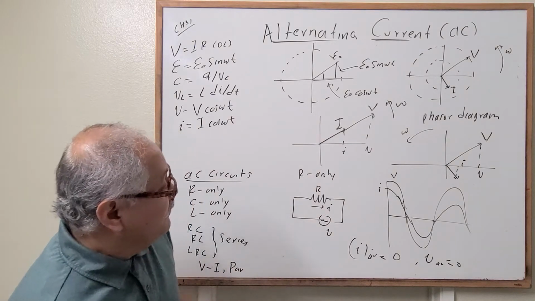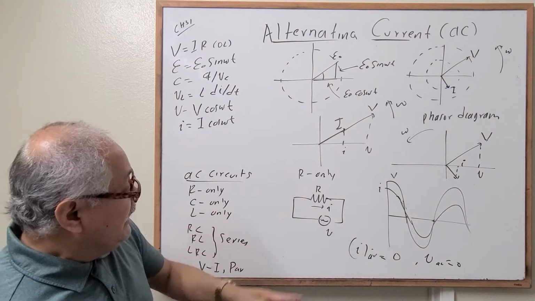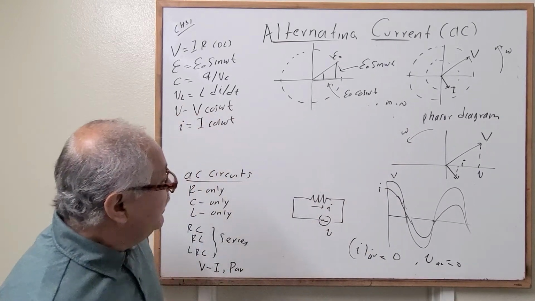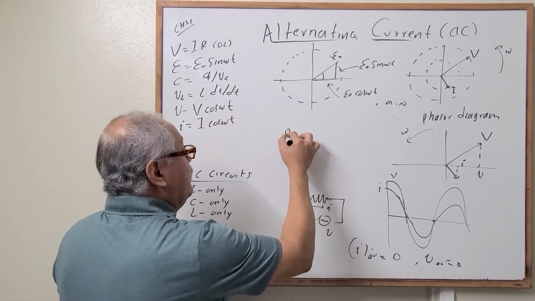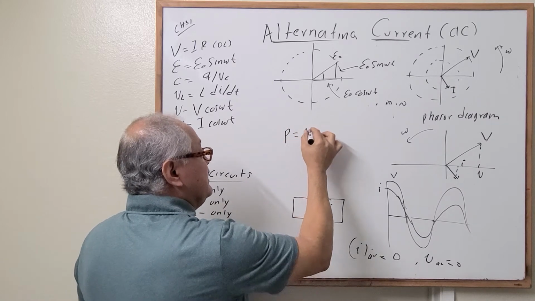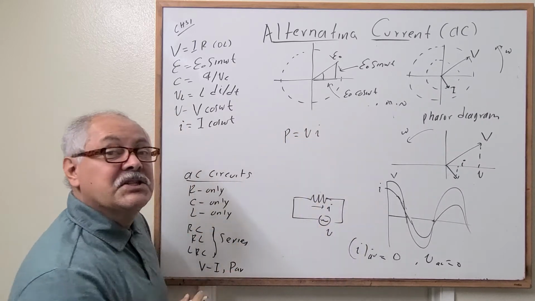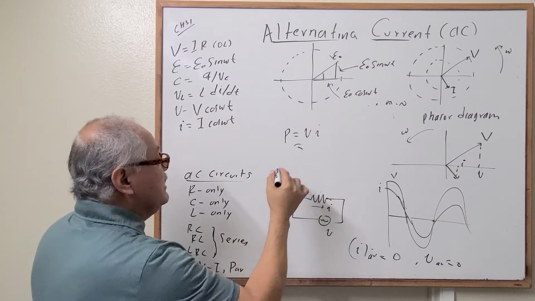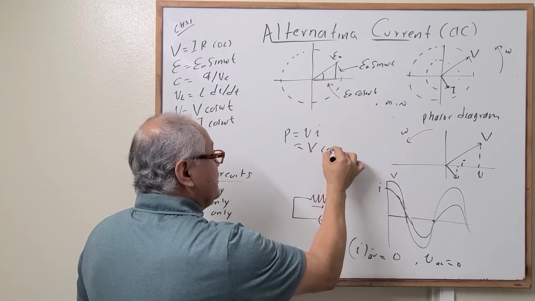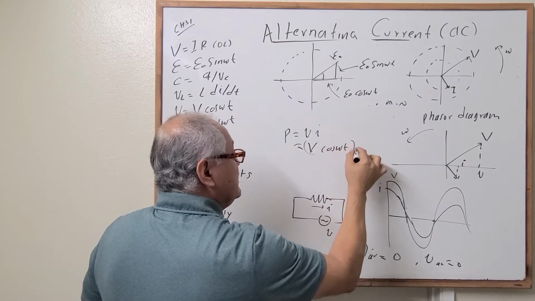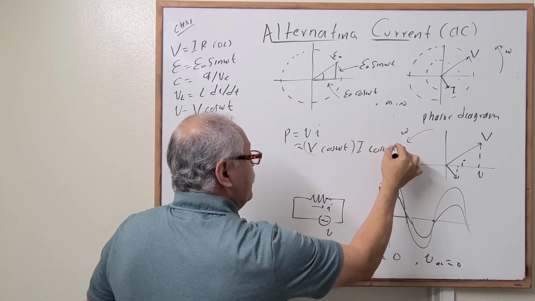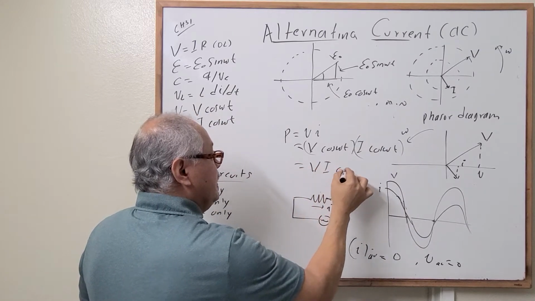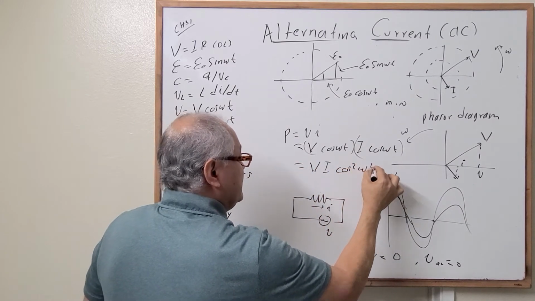Let's find the power for only a resistor. Well, in this case, the instantaneous power is equal to the instantaneous voltage times the instantaneous current. And we know that the instantaneous quantities are right here. It's going to be voltage times cosine omega t times current times cosine omega t. Perfect. And this equals voltage times current times cosine squared omega t.